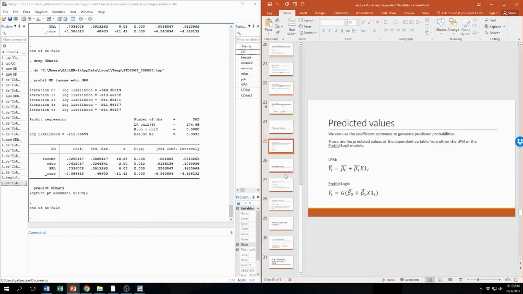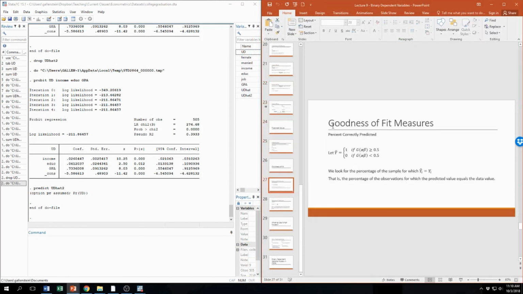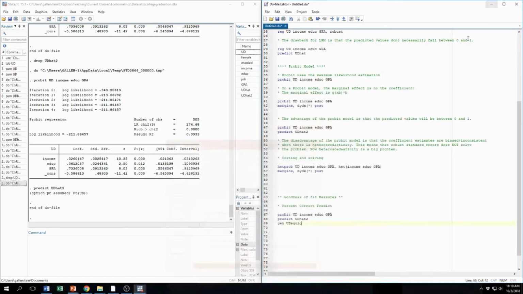I'm doing a goodness of fit measurement of percent correctly predicted. I'm generating a new variable. It equals 1 if the predicted value is greater than 50% and 0 if the predicted value is less than 50%. Then we're going to look at the percentage of the sample for which this new predicted value, y squiggle, is equal to the true value, the value in the data.